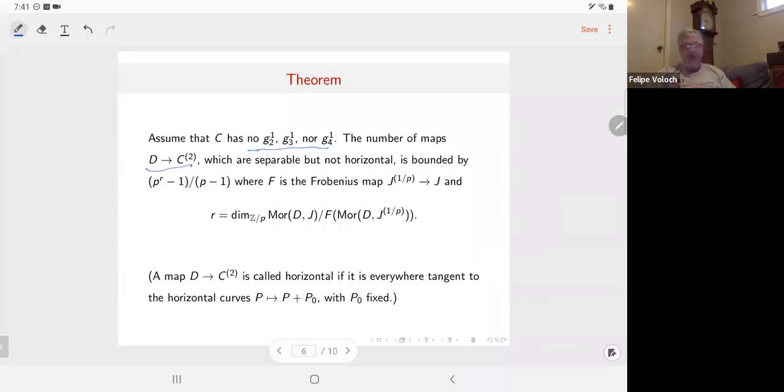Okay, so I want to count the number of these maps. Well, maybe I'm not interested so much in the symmetric square. I am interested in the symmetric square, but I'm interested in maps from a curve to a surface. That's a well-known question. You want to impose conditions on the geometry of the surface to guarantee that there's only finitely many maps from a fixed curve to that fixed surface.